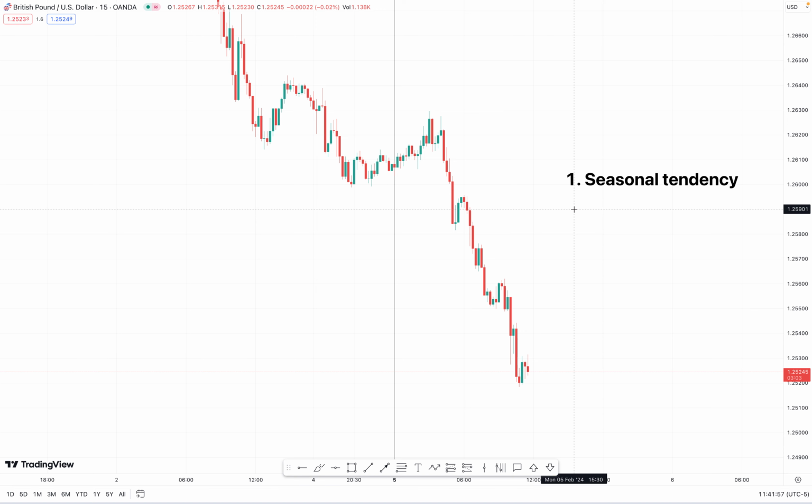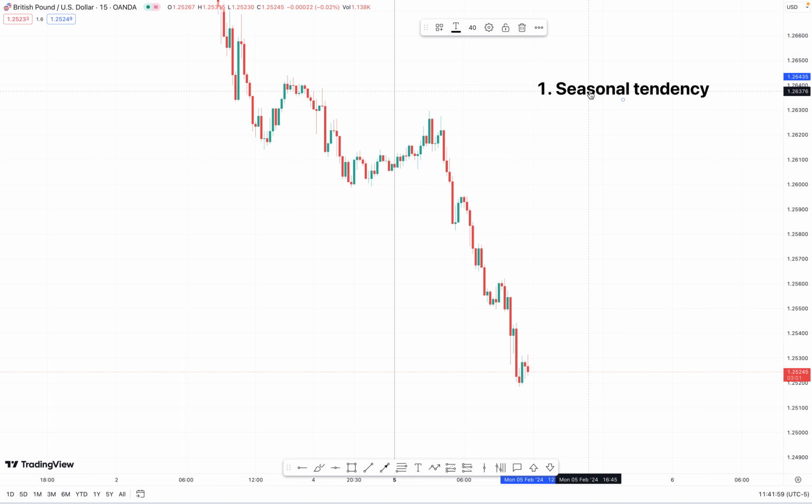Seasonal tendencies, and then we're looking at number 2, power of 3, and then the third one is we're looking for range expansions or range projections. Let's rather call it range projections.